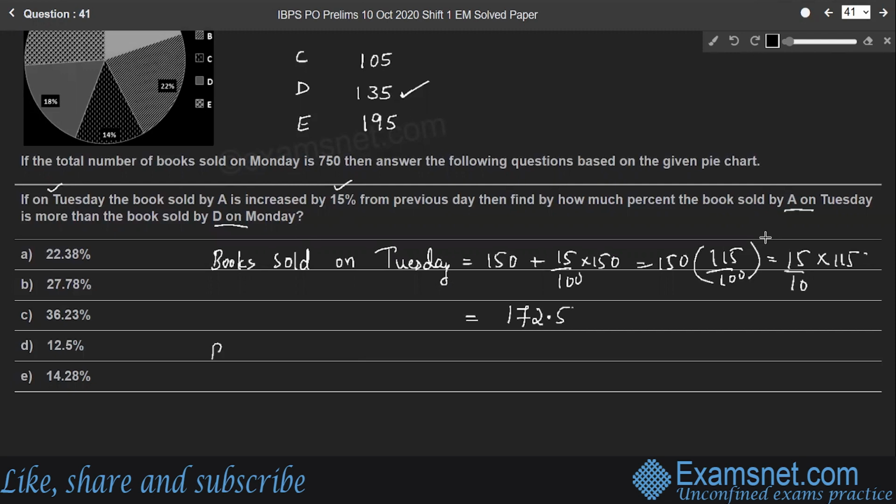So this is books sold by A on Tuesday. This is books sold by D on Monday, which is equal to 135. Right?